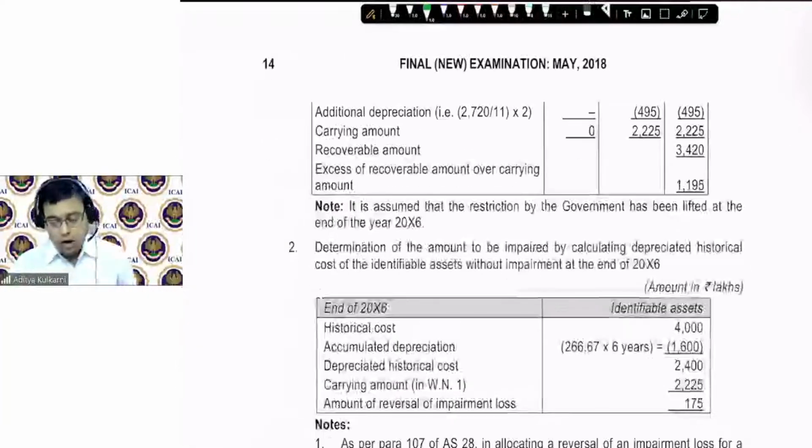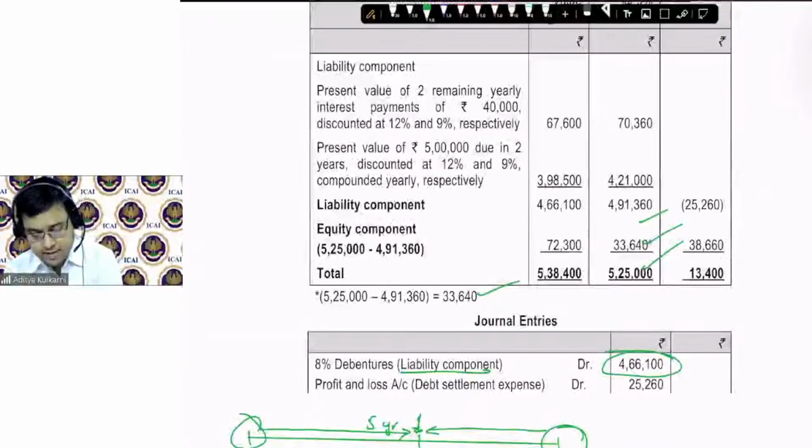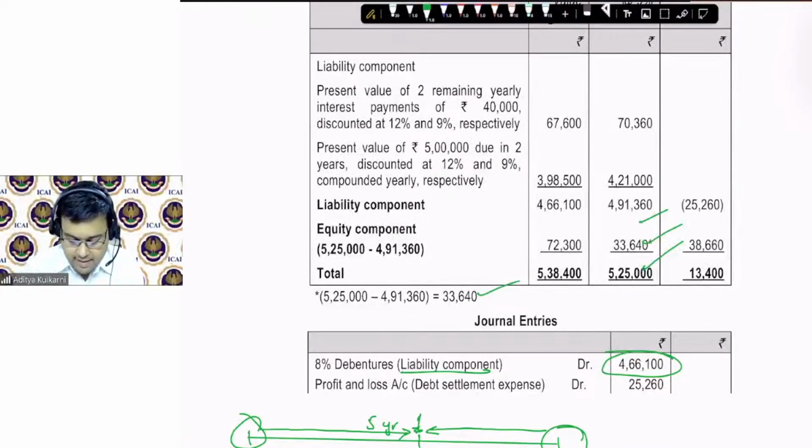Okay. So what they have done is, they have taken the remaining cash flows to be realized as the present value.